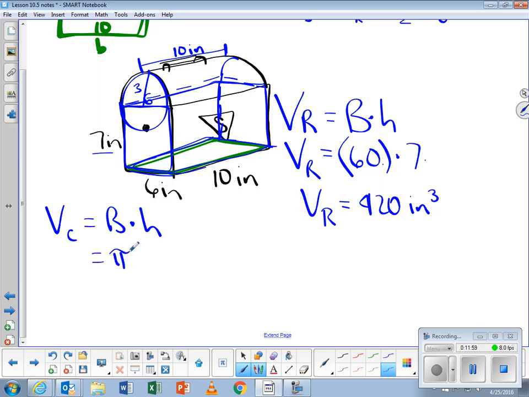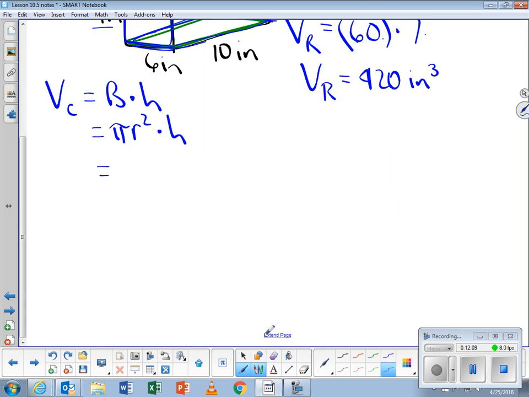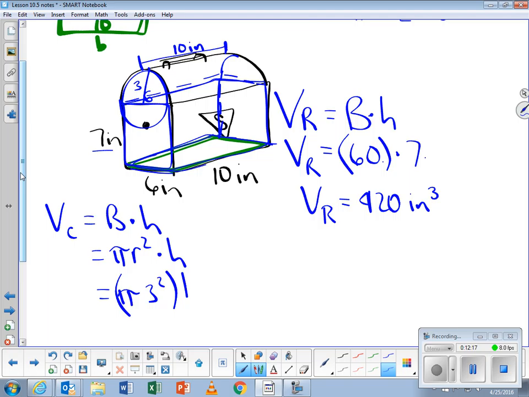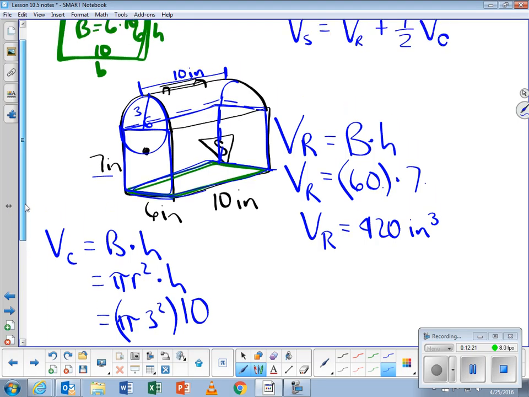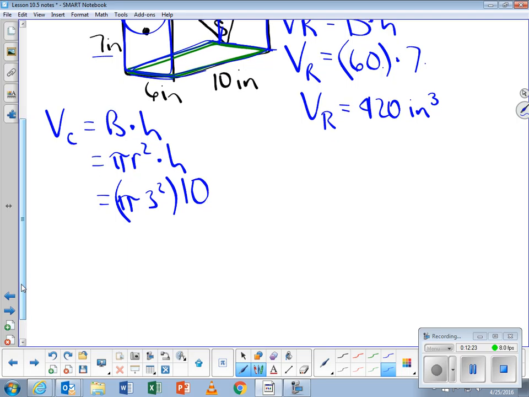Pi r squared. So what's the radius? 3. So we go pi times 3 squared times the height. What's the height? 10. So it would be 90 pi.